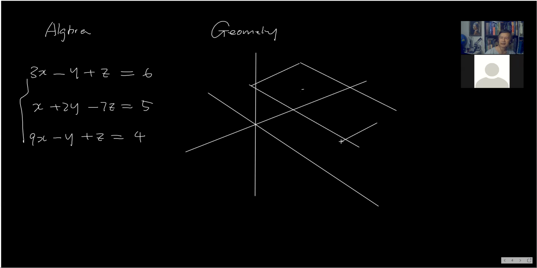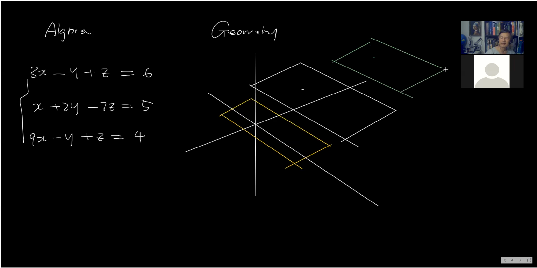This is one. This is another. There's another. And there's another one. If that is the case, what does it mean? Do we have solutions to the simultaneous equations? There's no solution, right?